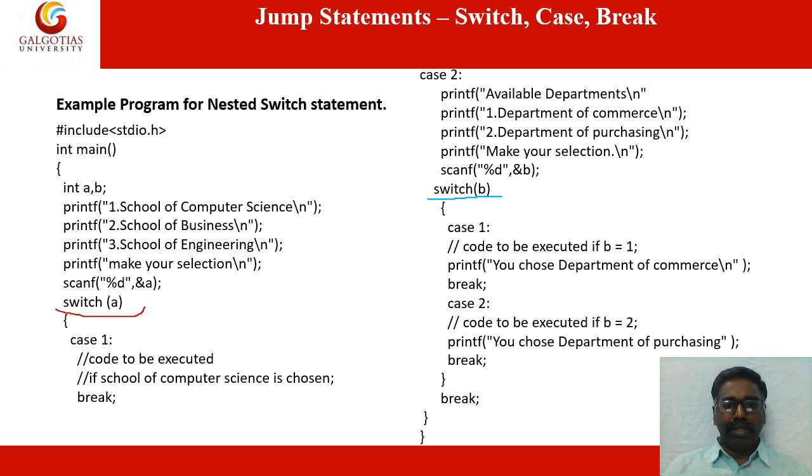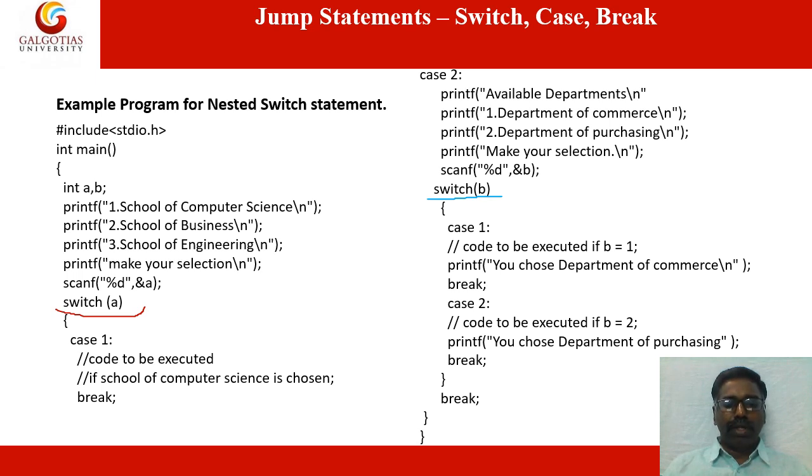Within that, you can see in case 2, we are writing our own another menu-like structure, and within the case 2, we are having a switch statement for handling another switch inside the previous outer switch called switch A. For our convenience we talk like this. It is a switch A and another one is switch B. Switch A is the outer switch and now switch B is the inner switch.